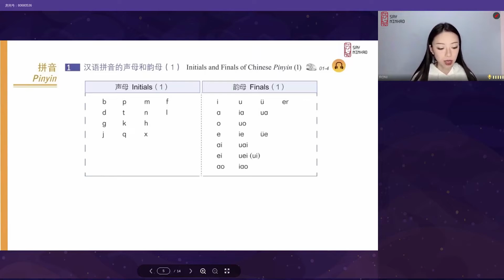Okay, first one is 波. This one is 波. Okay, next one is 坡. Next, read after me, please. 摸. Next is 佛. Next, 的.